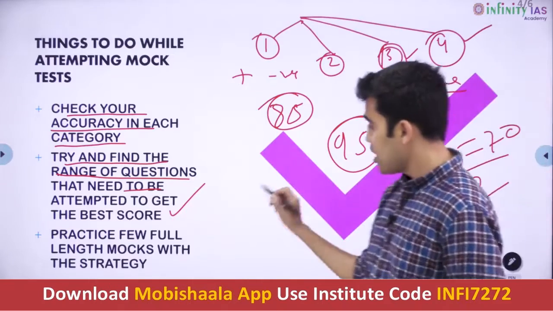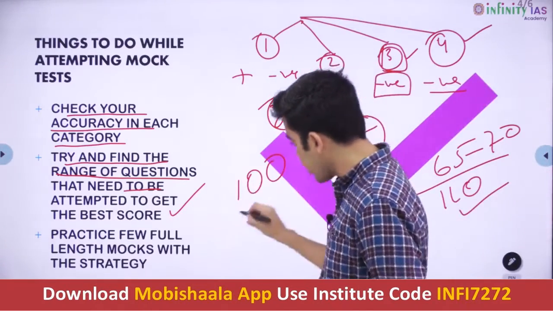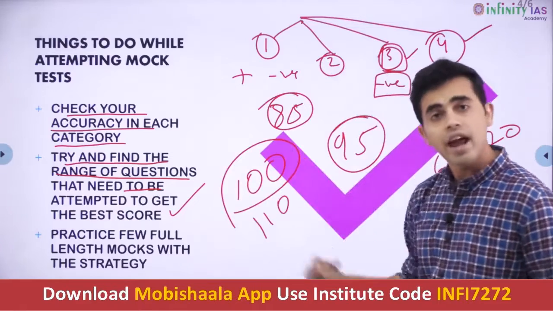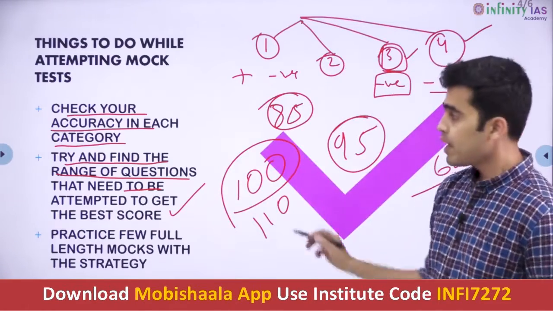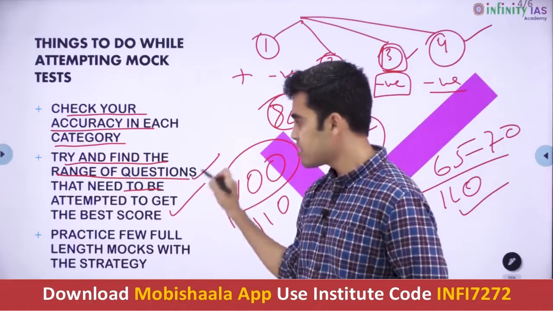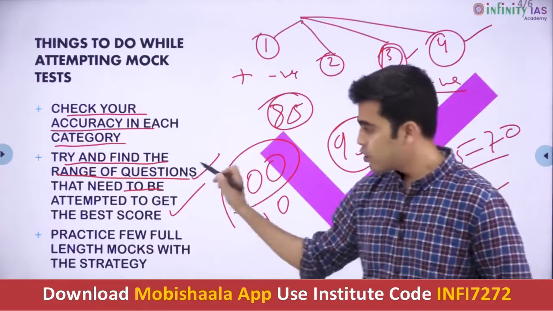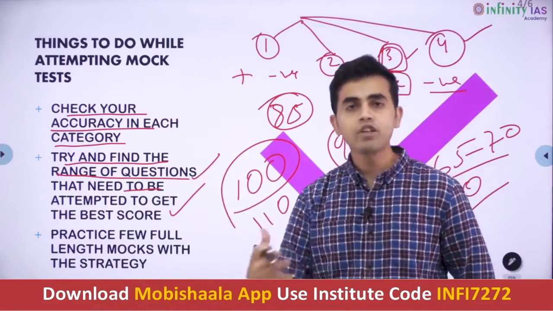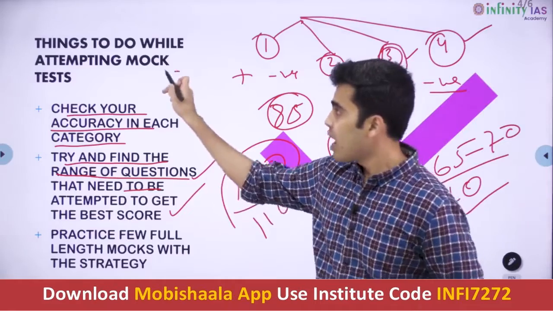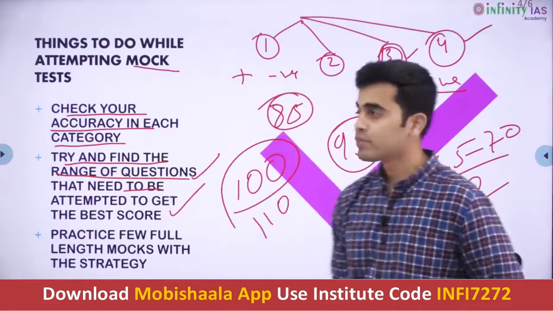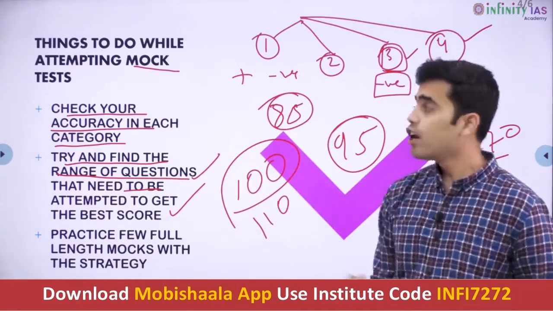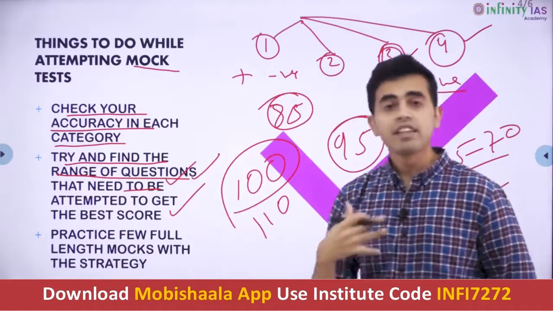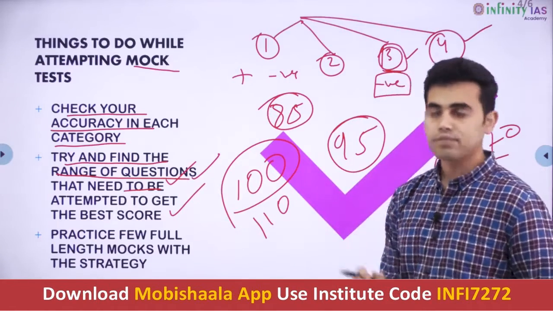At the same time, we see students attempting 100 questions but still get 110 marks and still qualify prelims. So this range of questions that need to be attempted to get the best score is very personalized, and we need to find out based on our mock tests. And this is the strategy by which we can achieve the perfect range of questions that is good for us.